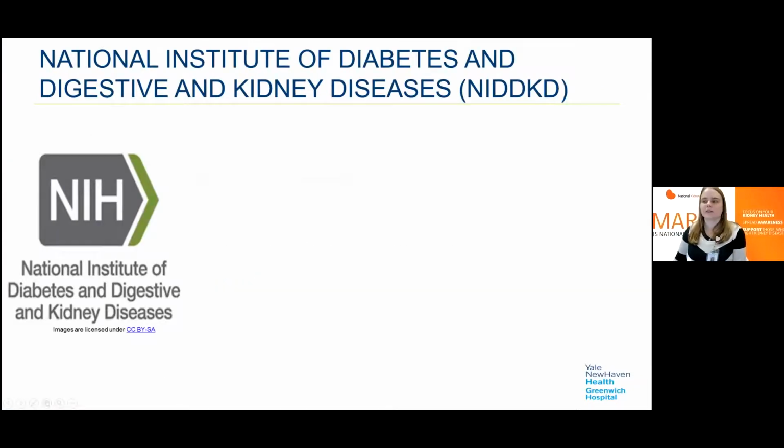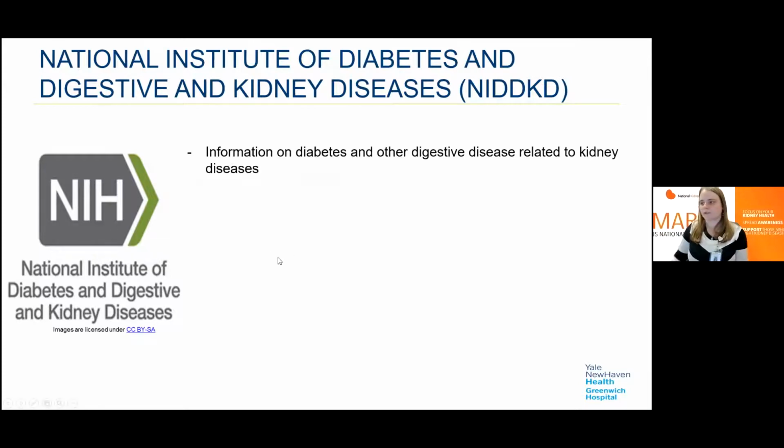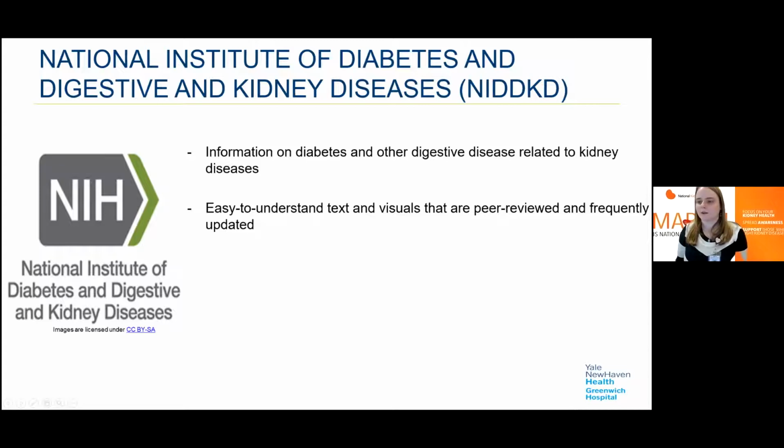Next, we have the National Institute of Diabetes and Digestive and Kidney Diseases, which is a subsidiary of the National Institutes of Health. They have information on diabetes and digestive diseases, which can be related to kidney diseases, as Dr. Daphne nicely told us earlier in the webinar. They also feature easy to understand text and visuals that are peer-reviewed and frequently updated by experts.